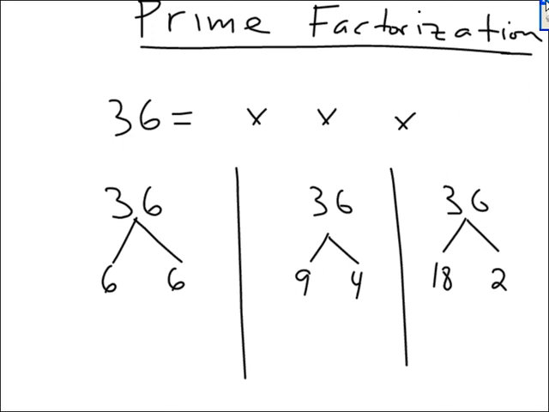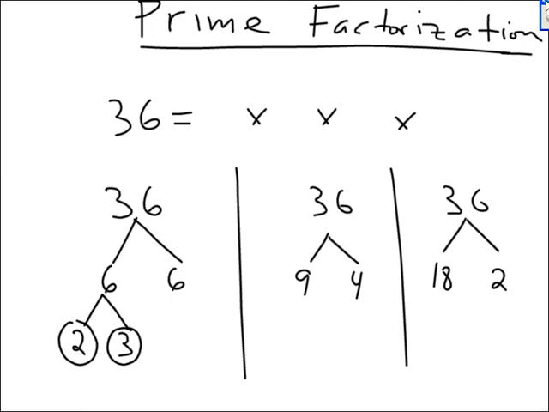Nobody's wrong. Can you break down 6? Can you think of two numbers other than 1 and 6 that multiply out to 6? Yes, 2 times 3. You cannot break down 2 anymore, since the only two numbers that multiply out to 2 are 1 and 2, and you can't use 1. 3 is also prime.